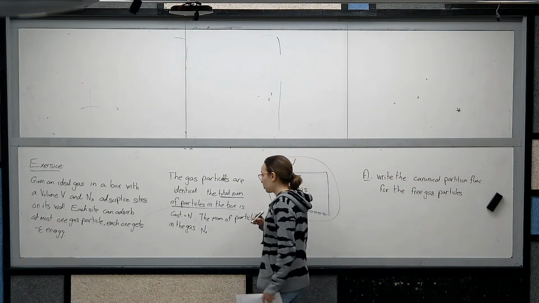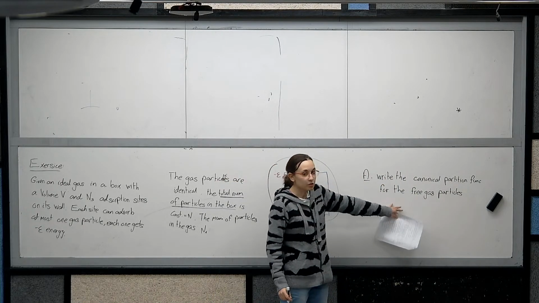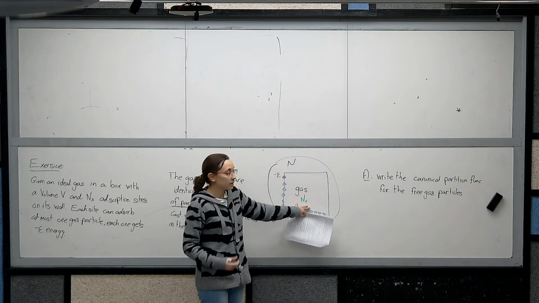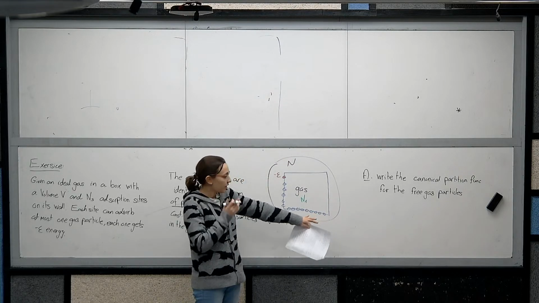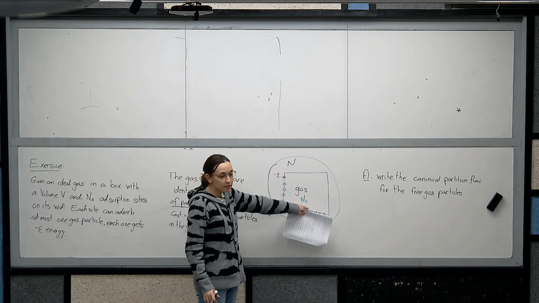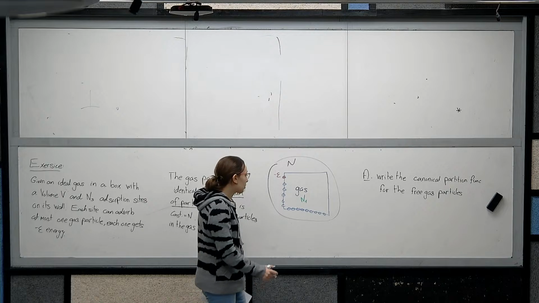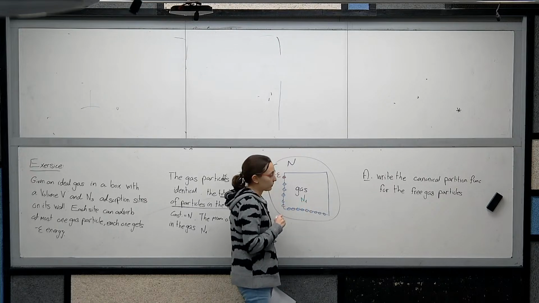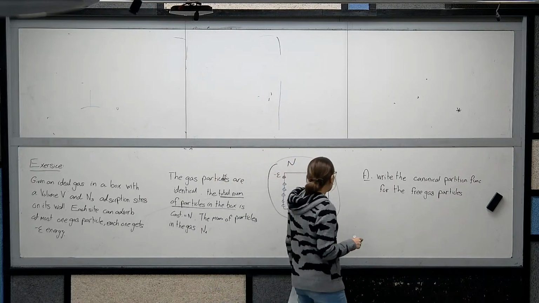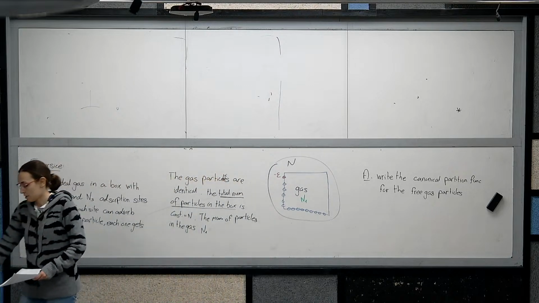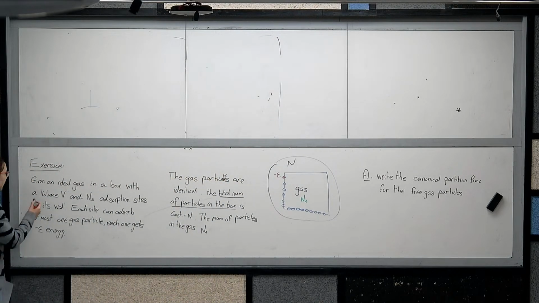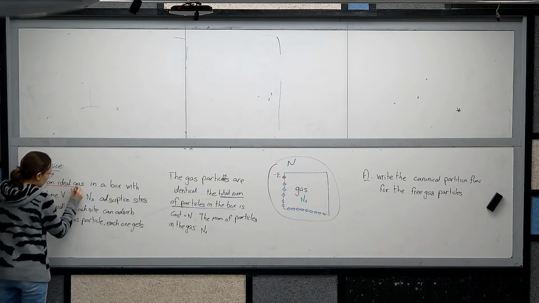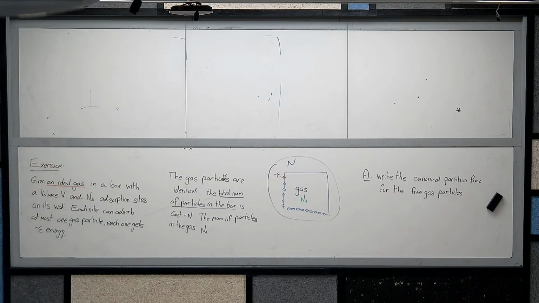Okay, so when we are told to write the canonical partition function for the gas particles, we need to assume that the number of the particles in the gas is some constant. So we're assuming the number of gas particles is always n1. We're talking here about an ideal gas, right? And we need to write its canonical partition function.